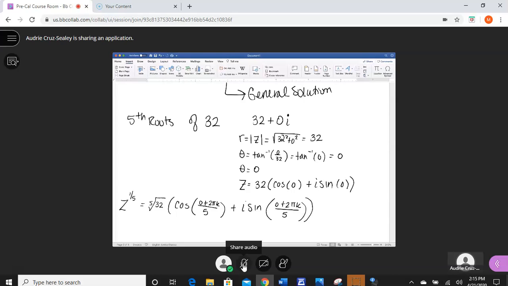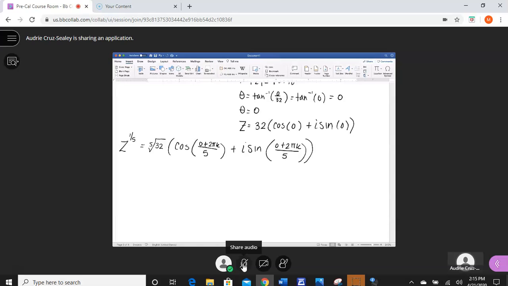It's not always 0. It's just 0 because that was our original angle, which was 0. We okay with that? Me applying the rule. I'm going to simplify this a little bit more. And this gives me z to the 1/5 equals, what is that, 2?